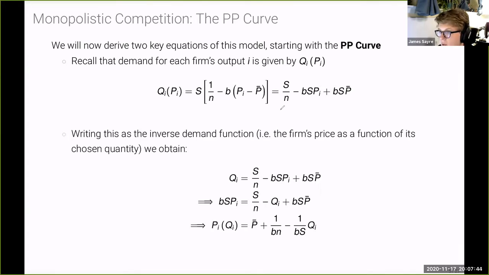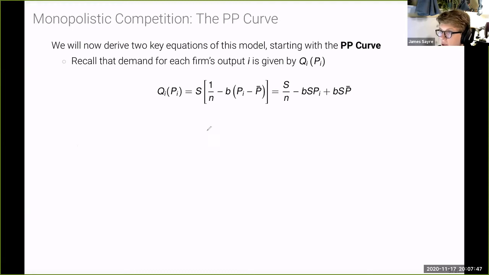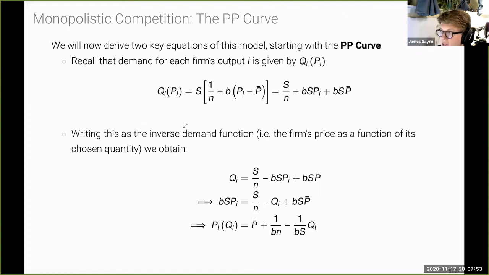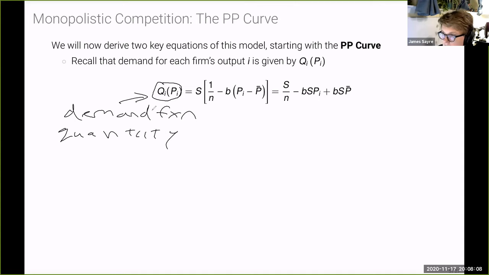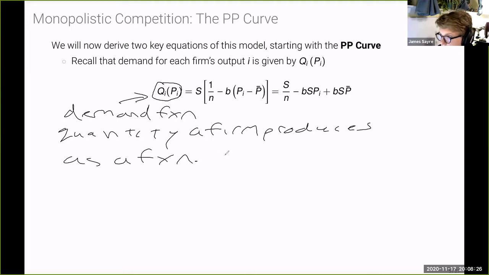Okay. Now the next step is, if this is our demand curve, we want to write this as the inverse demand function. So what is this here? This is the demand function, and it's basically the quantity a firm produces as a function of its price.